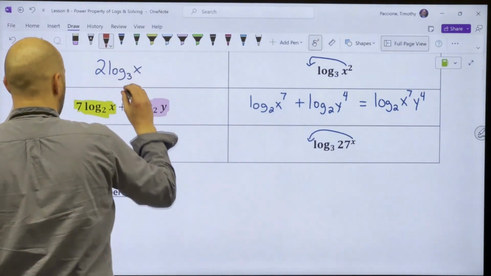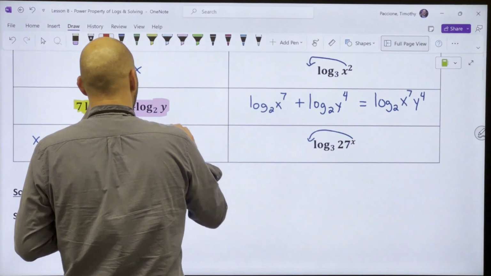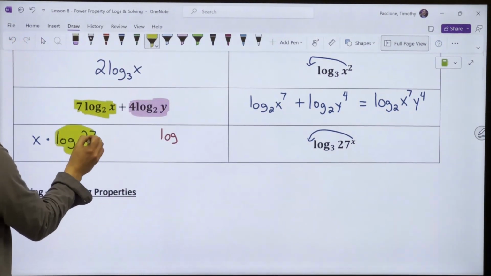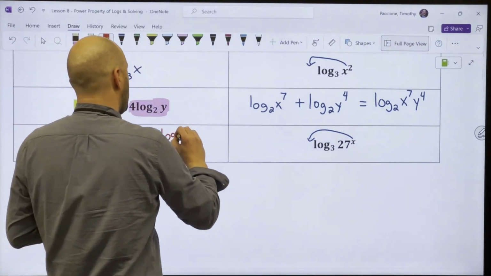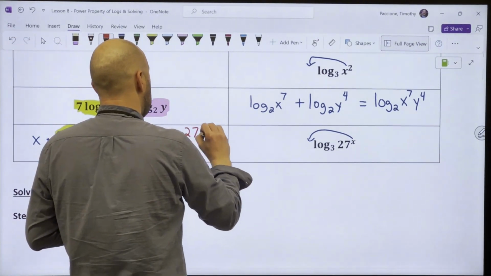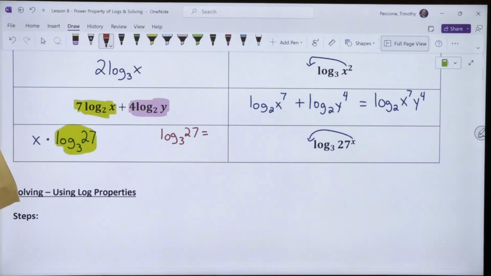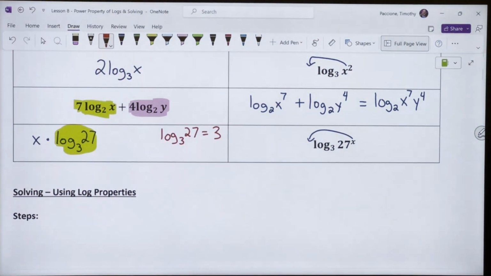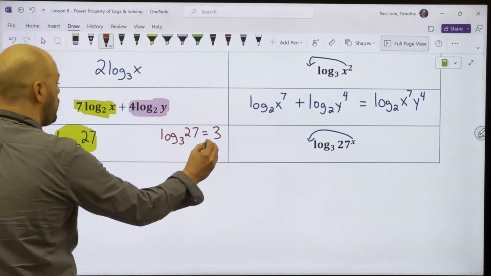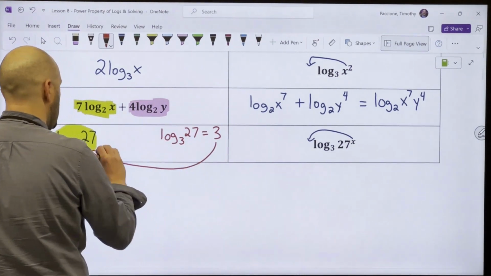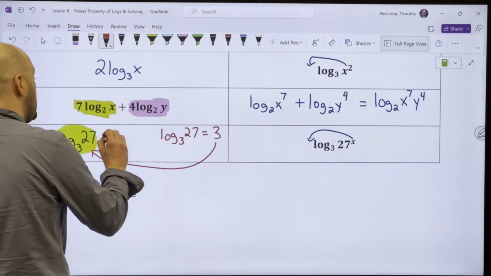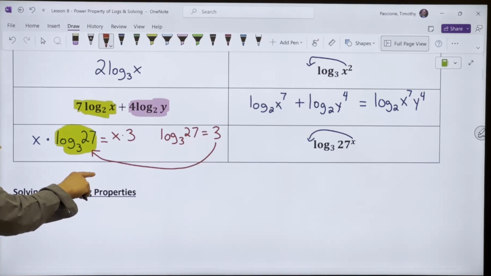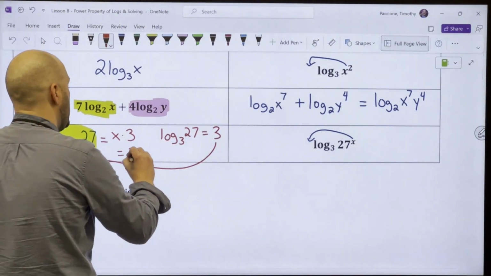We're trying to find what this is equal to, and log base 3 of 27 equals 3. If these two things are equal to each other, we can put them in each other's place. So this 3 can go right here, and I get x times 3 instead of x times all this, which is 3x.